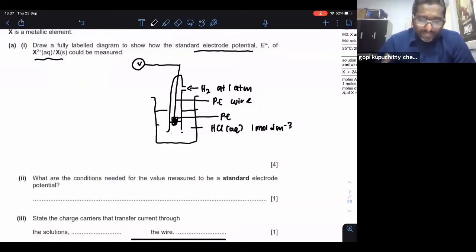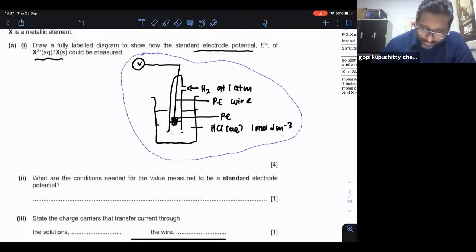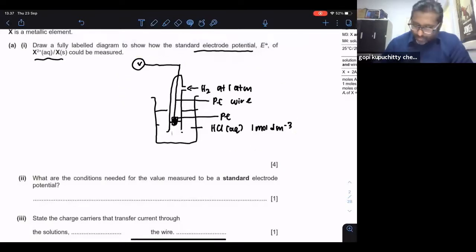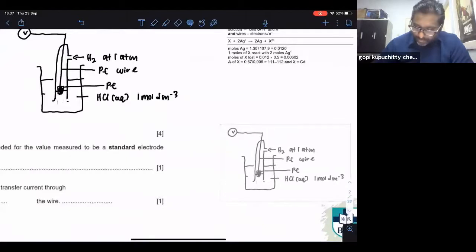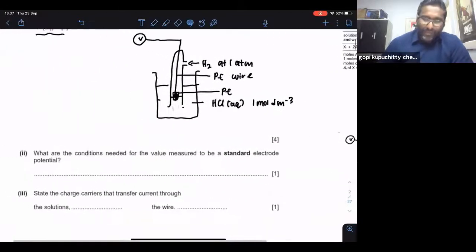So every single time when you draw, you are comparing with this hydrogen, and maybe I'll just save this for our future reference over here. I'll just copy. Probably I will save it here first. Maybe later we will use that, because most of the questions will ask about this.